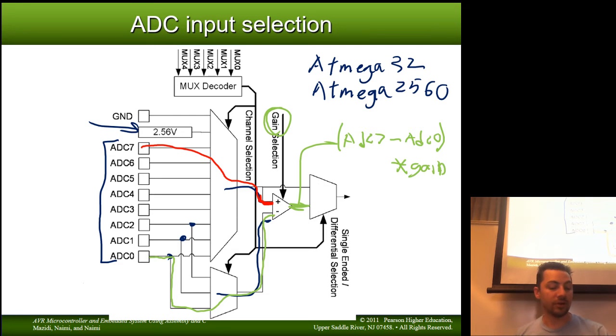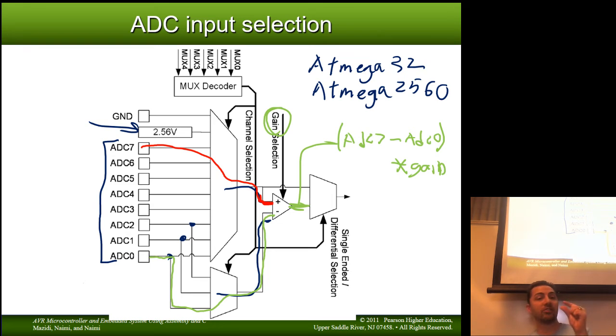So let's say you're measuring some small resistor in a Wheatstone bridge. You only want to measure the voltage drop across that resistor in the Wheatstone bridge. Okay, it's going to be a small change. Maybe it's a load cell. Maybe it's just a Wheatstone bridge. It's a small voltage change that's going to occur.